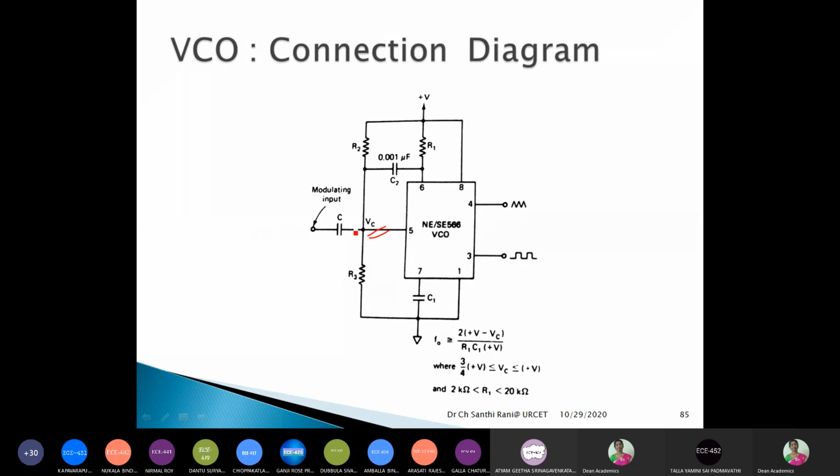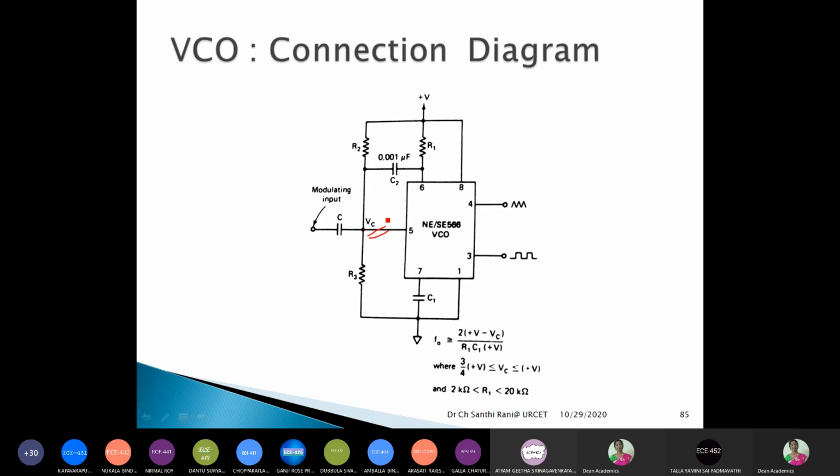The modulating input signal can be applied directly here, but in addition to that, a voltage divider is formed with resistors R2 and R3. If you have V and these two, R2 and R3, are equal, we will have V by 2 here and V by 2 here. Otherwise, if they are not equal, we will have the corresponding voltage drop across these voltage divider resistors. We select these resistors in such a way that the control voltage varies between 3/4 VCC and VCC.